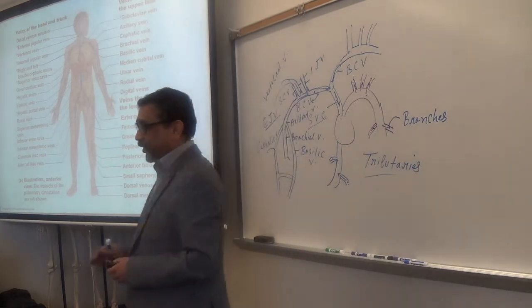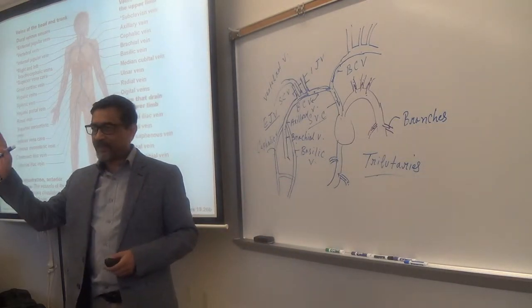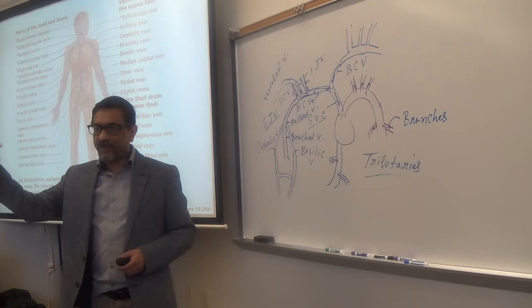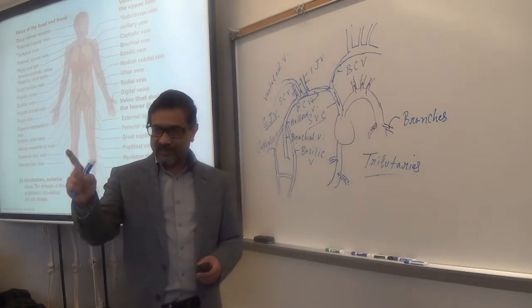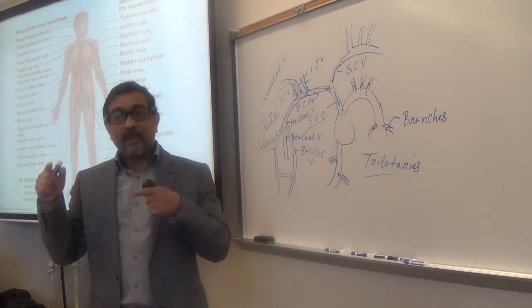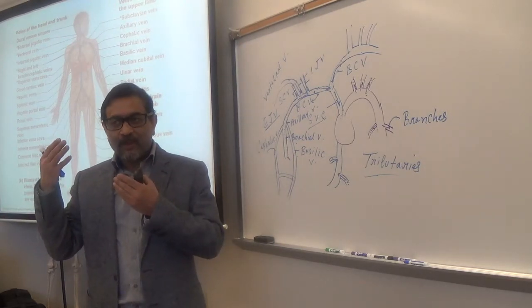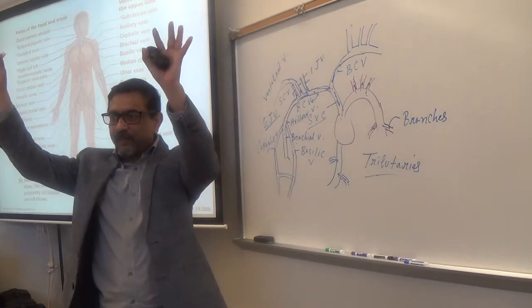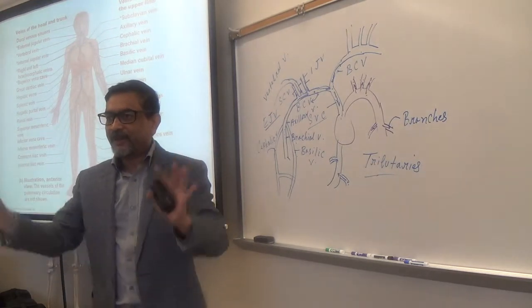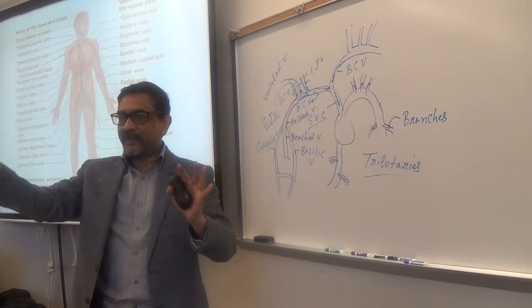In the case of arteries, you did not see any saphenous artery, remember? No saphenous artery. But in your leg in the venous system, you have great saphenous and small saphenous. You have to think that way: which ones are there in arterial and venous? Most of the names are common, but there are some differences.